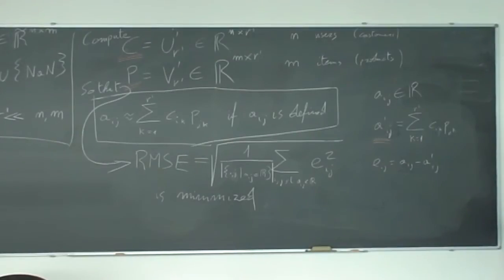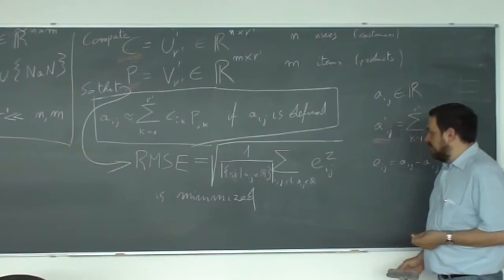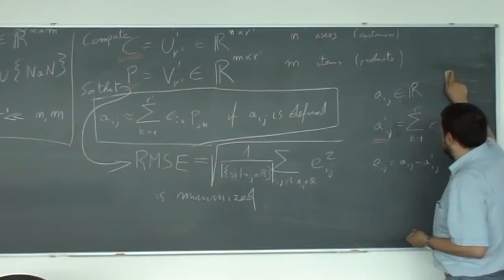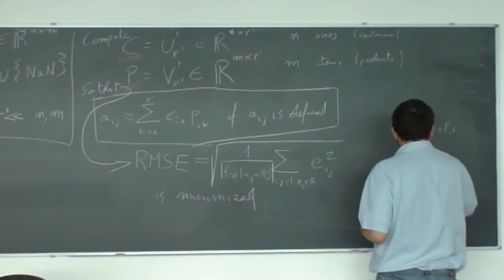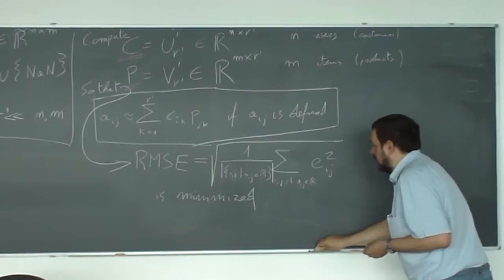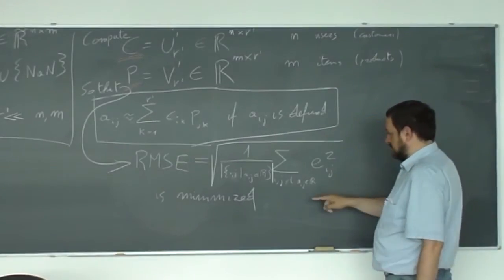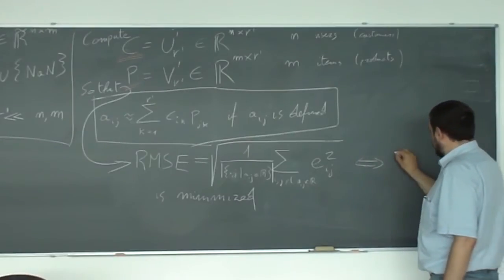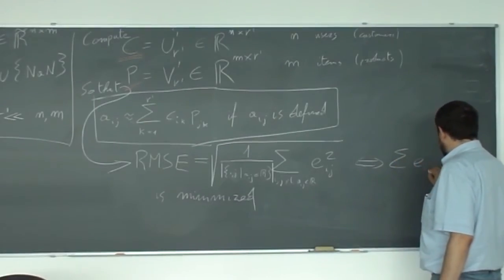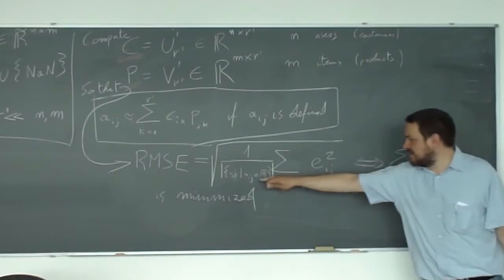Okay, the problem now is we want to minimize this. If we want to minimize this, we only need to minimize the sum of the squares. Everything else is constant.